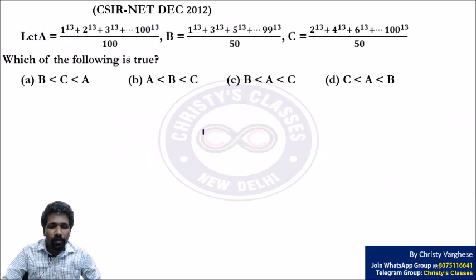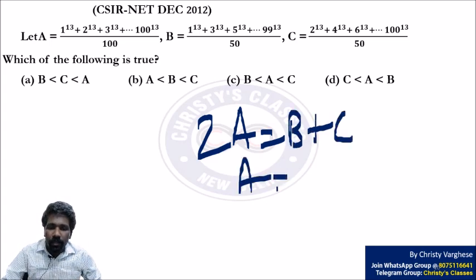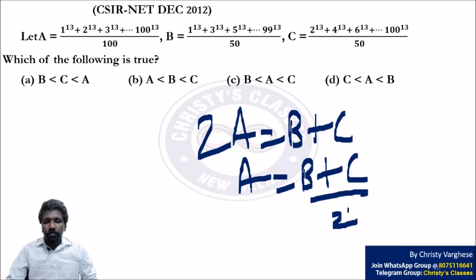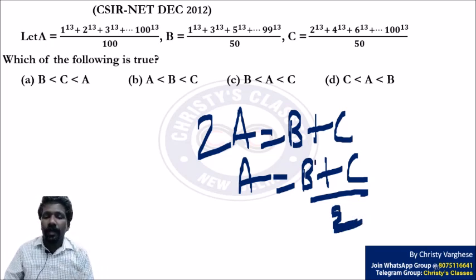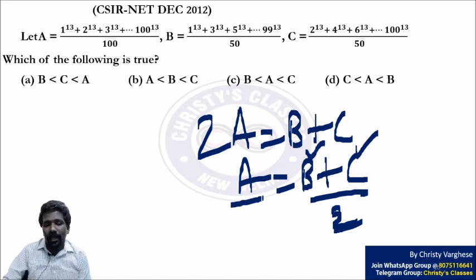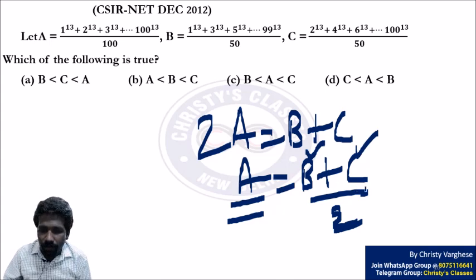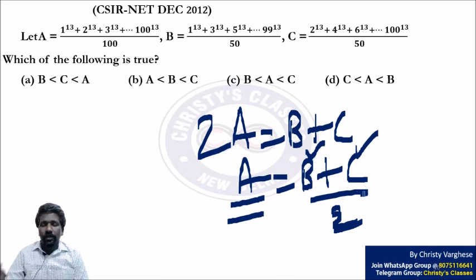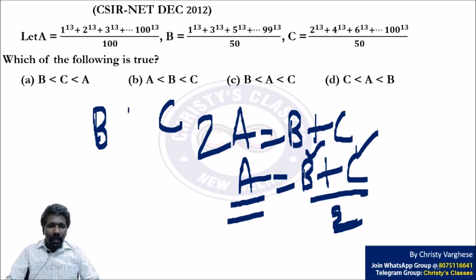Once you establish that relation, it is very simple. 2A is equal to B plus C means A is equal to (B plus C) by 2. (B plus C) by 2 means what? The arithmetic mean of B and C. That means A is nothing but the arithmetic mean of B and C. Whatever the B and C values are, their arithmetic mean is A. And the arithmetic mean has a very unique property: it cannot be bigger than the largest value or smaller than the smallest value, so A will be between B and C. You can check that in all the cases.